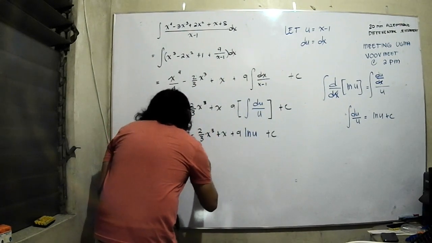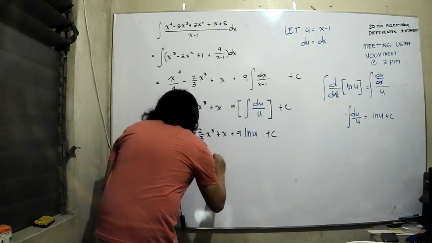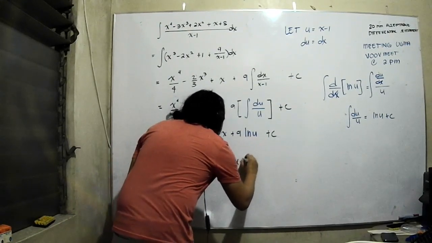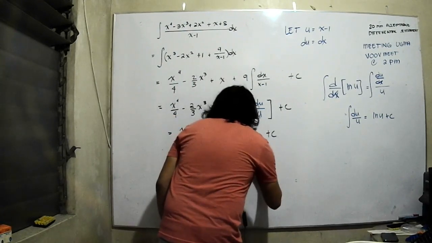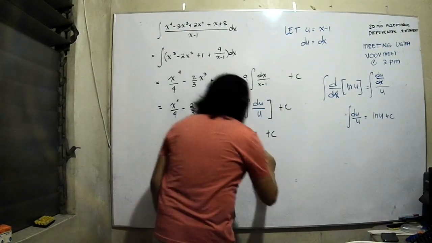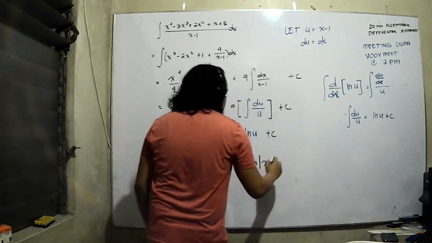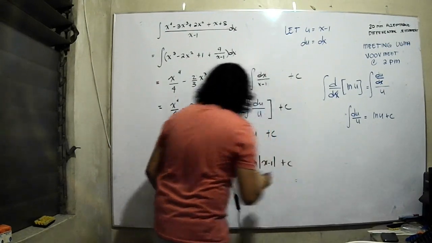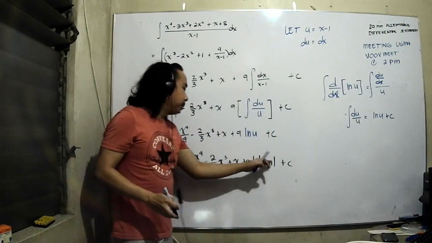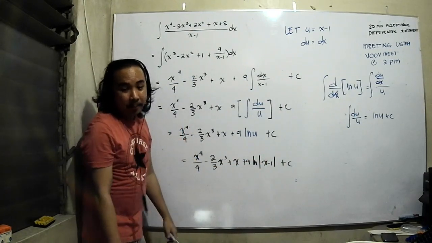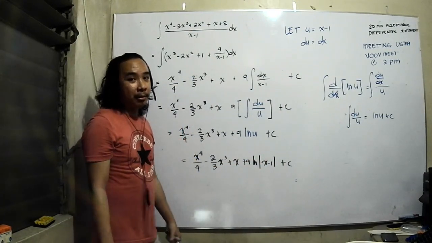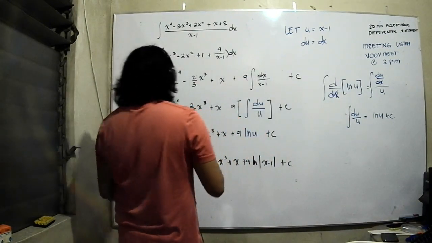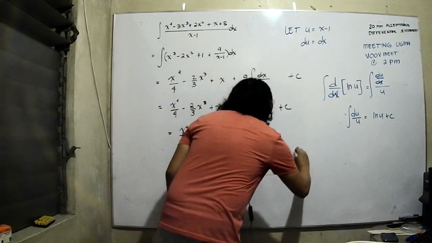So that should be equal to x to the fourth over 4 minus 2/3 x cubed plus x plus 9 ln of the absolute value of x minus 1, plus c. Now, this absolute value sign only means that the argument should not be negative. Otherwise, your calculator will give a math error. Okay? So that is the strategy for solving this.